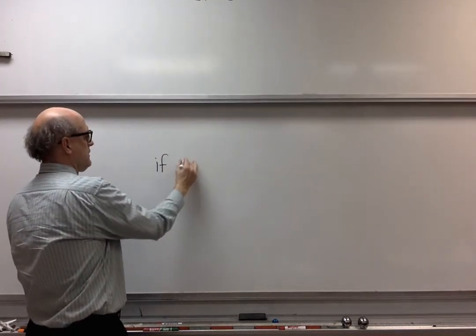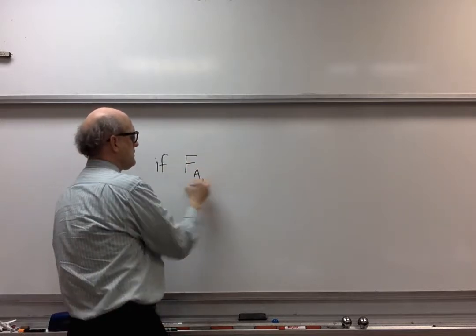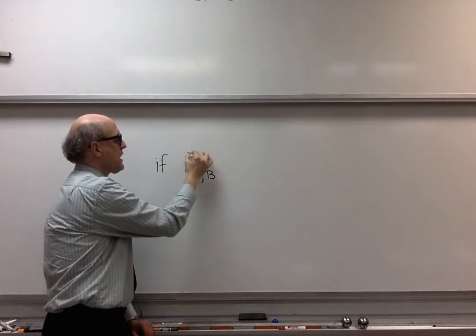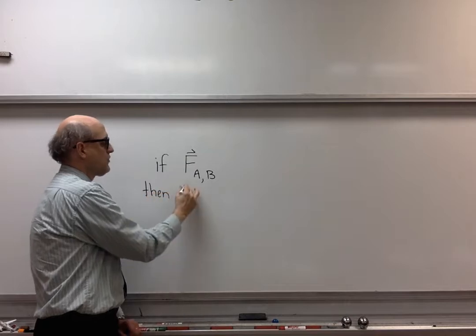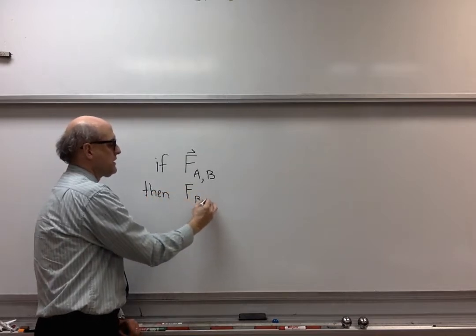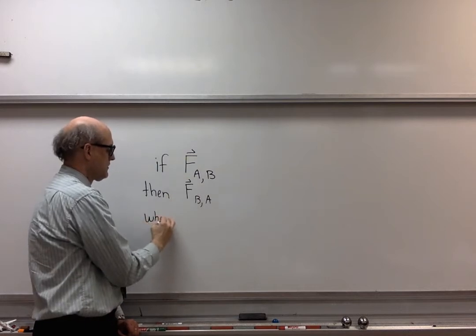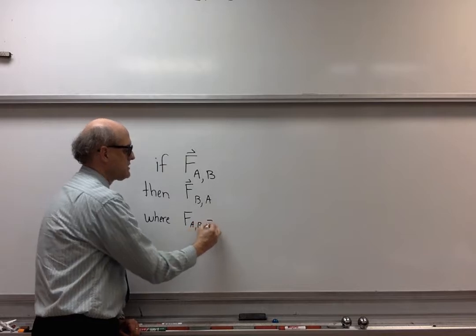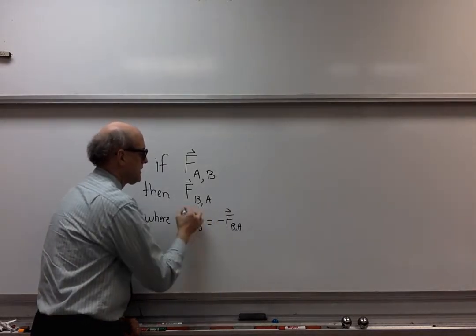If there's a force on object A due to object B, then there's a force on object B due to A, where F_AB is equal to the negative of F_BA.